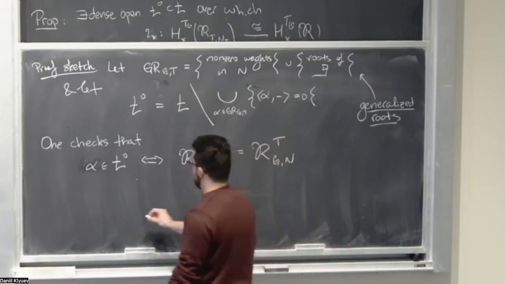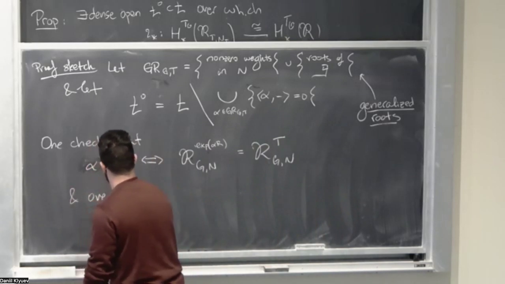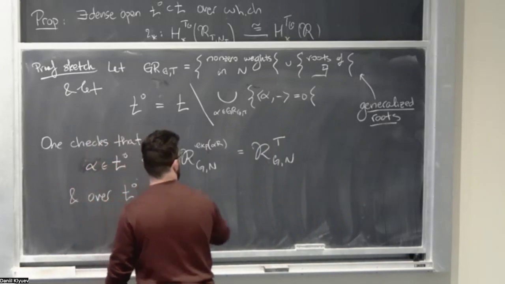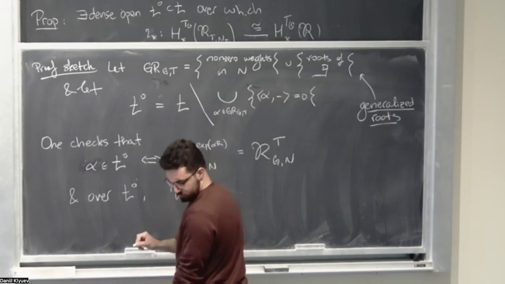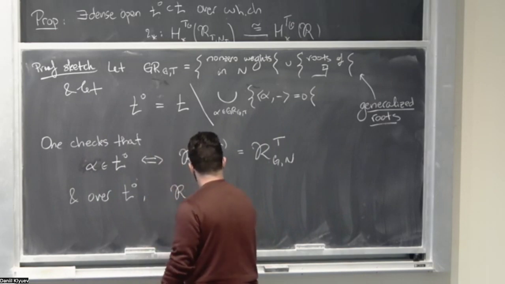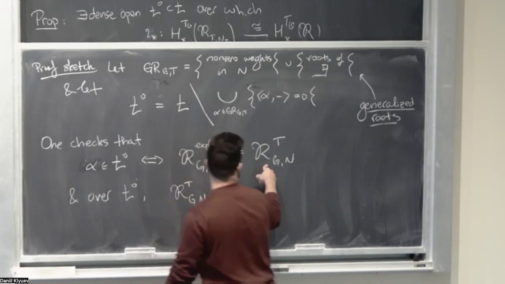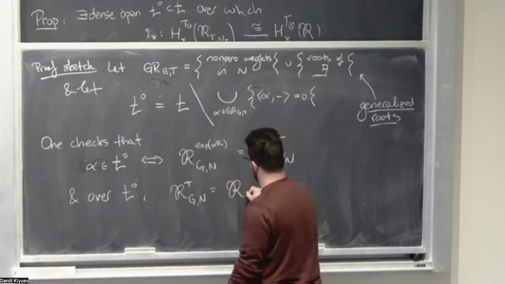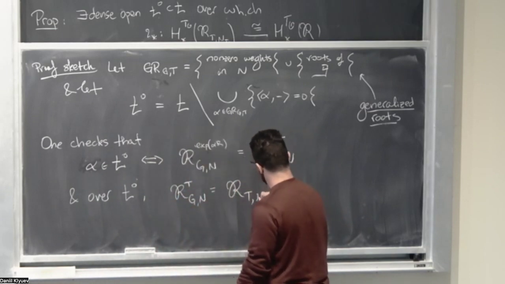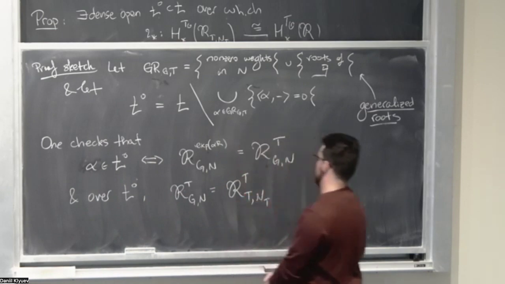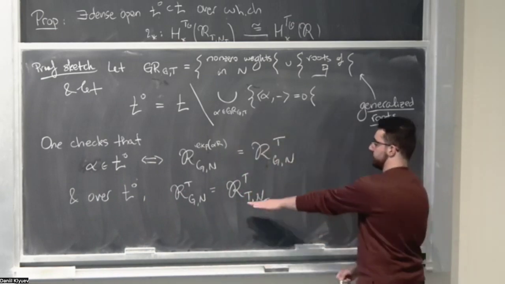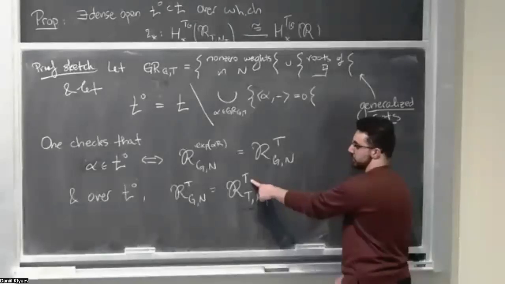And then the other thing you can check is that over T0, take R for the abelian thing and take torus fixed points.